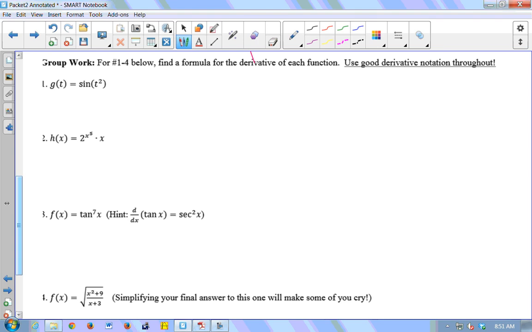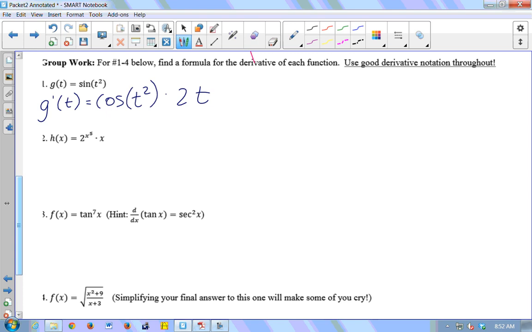If I want to take g prime, my rule says that to take the derivative of the sine of some stuff, I take the cosine of that stuff times the derivative of the stuff, which would be 2t. So these should just agree with things you've already done.